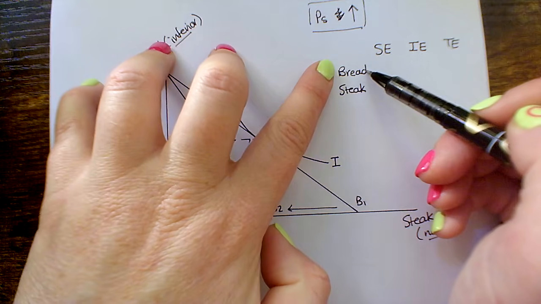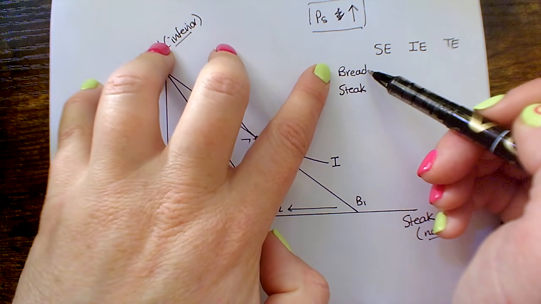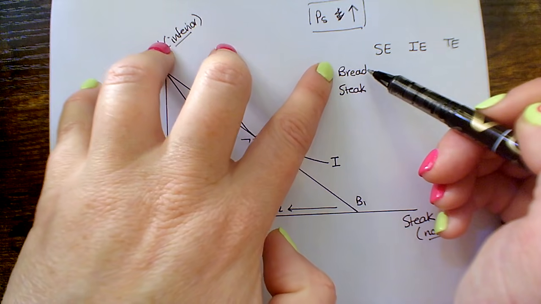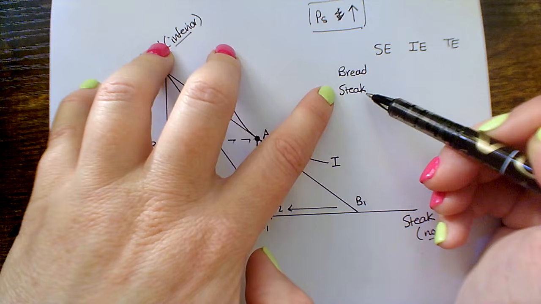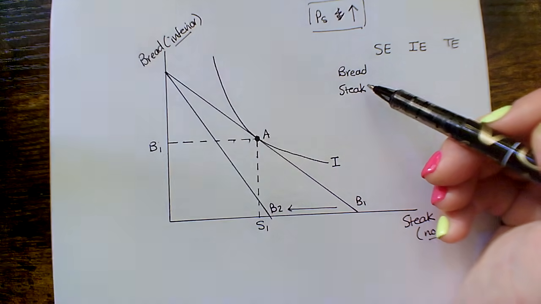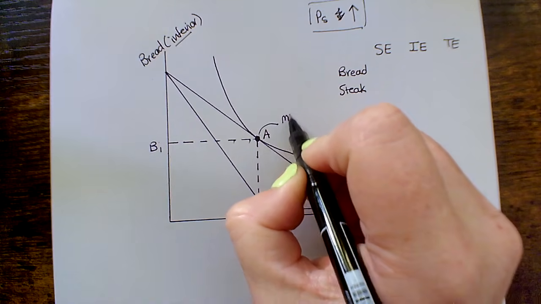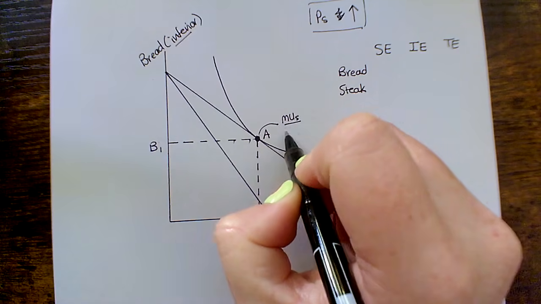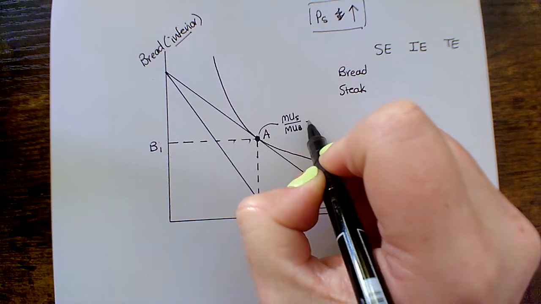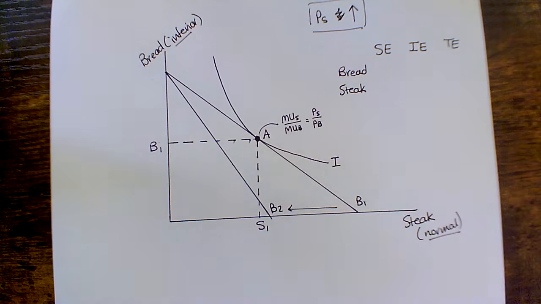And so whatever additional utility I could get from consuming bread would now be cheaper than the extra utility I could get from consuming a little bit more steak. When we were at A, we knew that our marginal utility from steak over the marginal utility from bread equals the price of steak over the price of bread.